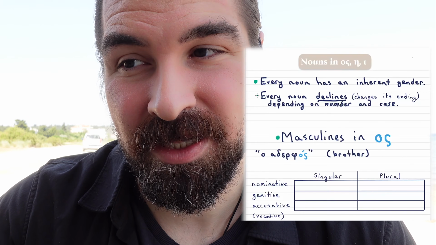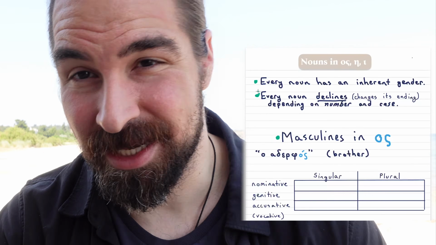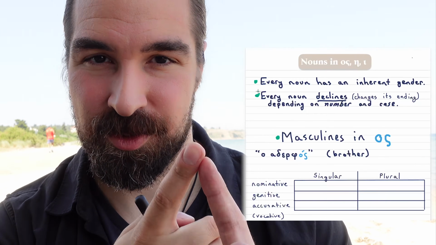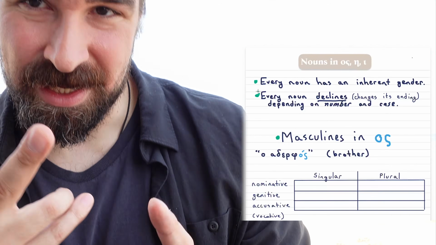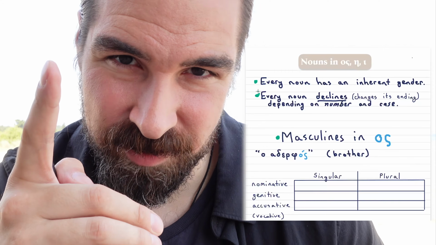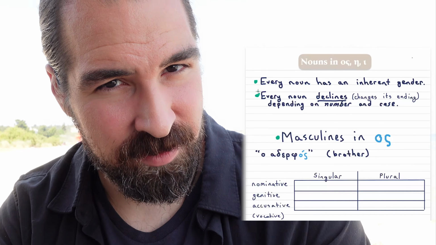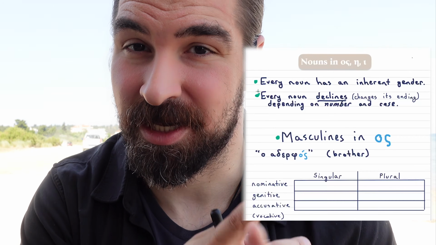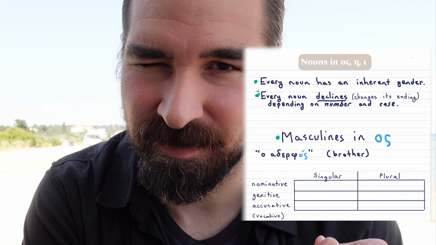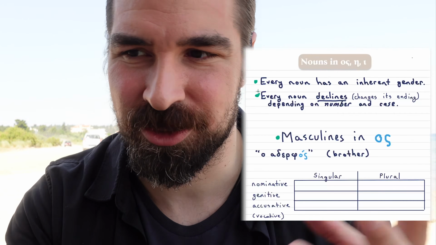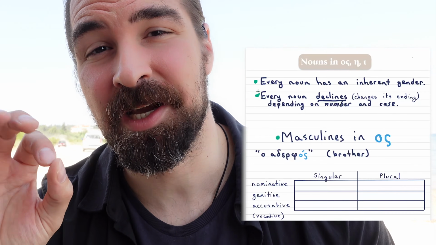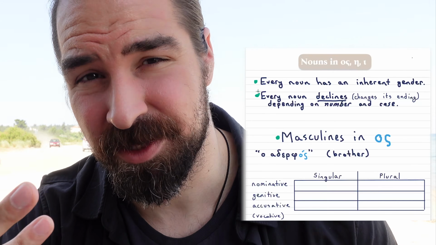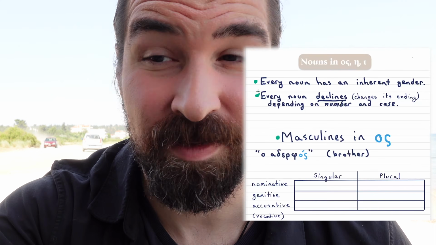Every noun declines, that is, its ending changes, depending on its number and on its case. Whether there's one of it or more than one of it, singular or plural, and also whether it's functioning as a nominative, the subject, genitive, possessor, accusative, object, or even the vocative. Now the vocative we're going to leave. The vocative we're going to address in a separate video. It's fairly simple and we'll do it all in one fell swoop.